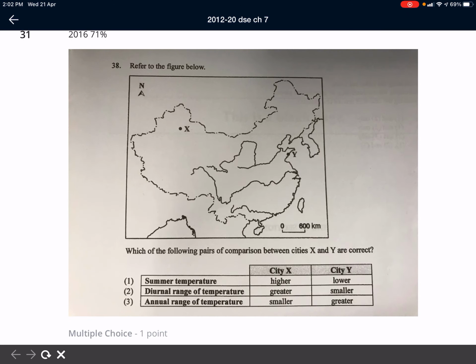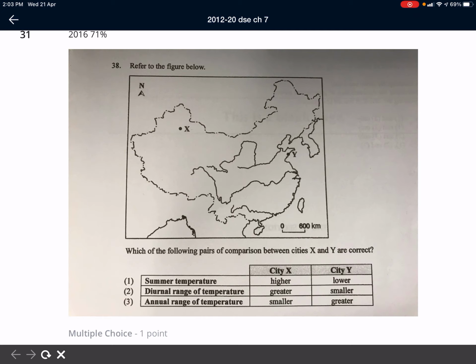Number 31. Wow, this one, every year always having this one. Okay, city X is having a higher summer temperature, isn't it? Compared with Y, it should be having a higher temperature because the inland area absorbs and releases heat faster.